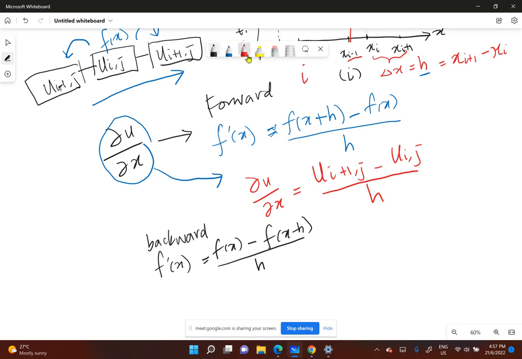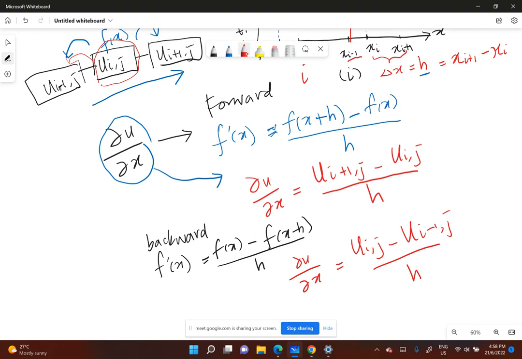Kalau backward dia akan jadi macam ni. So dia punya U daripada belakang, fx tolak yang belakang. So this one is UIJ minus UI minus 1J divide by H. Okay, ini boleh faham.